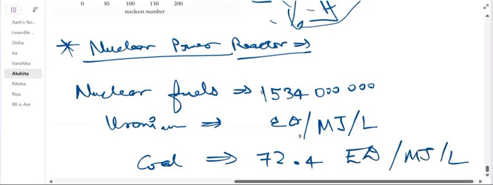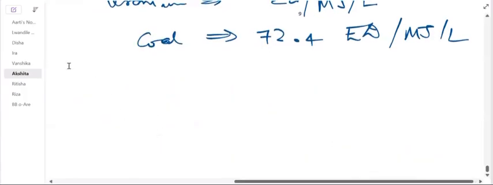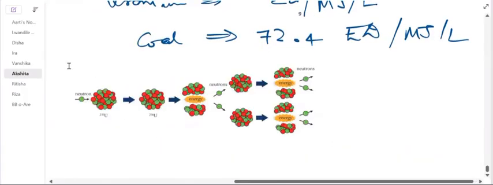Okay. Now let's have a look at how this chain reaction takes place in action. So we have one uranium atom which collides with a neutron. And hence it changes its mass number. One uranium atom 235 collides with a neutron, it becomes 236. So the mass number is changed.